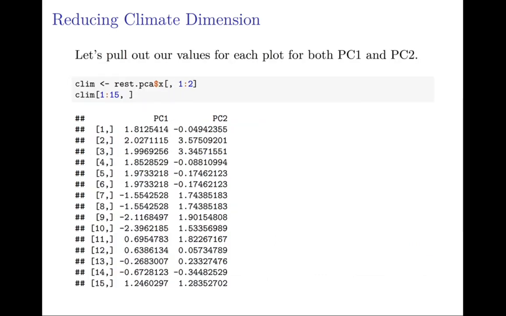So let's pull out a value for each plot for both PC1 and PC2. So we're going to pull out our columns 1 and 2, right? And you can see here that there's one row for each row in the data set, so each site that they studied for restoration.